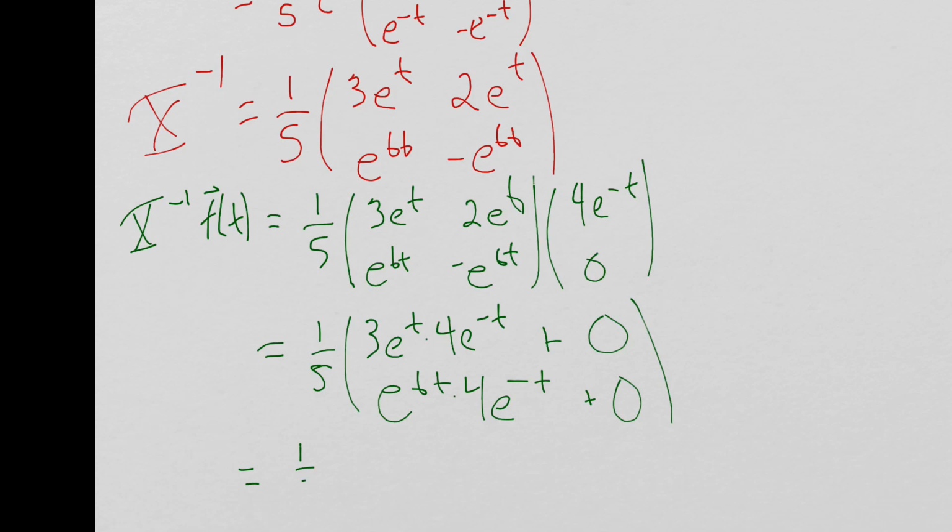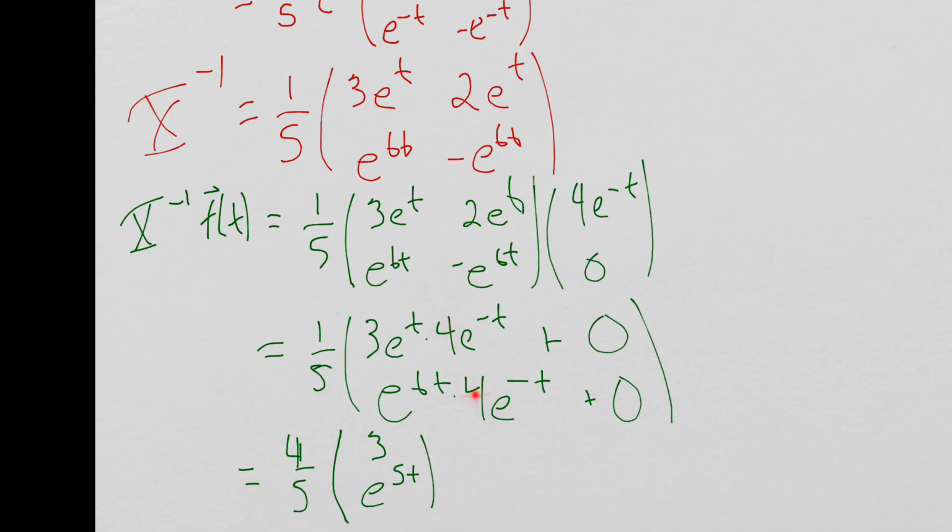So that gives me 1 over 5, open parentheses. Actually, am I going to do that here? Yep, I am. I am going to recognize that there is a 4 in both terms, so I'm going to just put a 4 out there. And then I'm going to be left with just a 3 and an e to the 5t, is that correct? Yep. What I did here was I said I just really like to get rid of mess if I can, and I'd rather get this stuff out of the way and have it as a scalar and not write it two times.